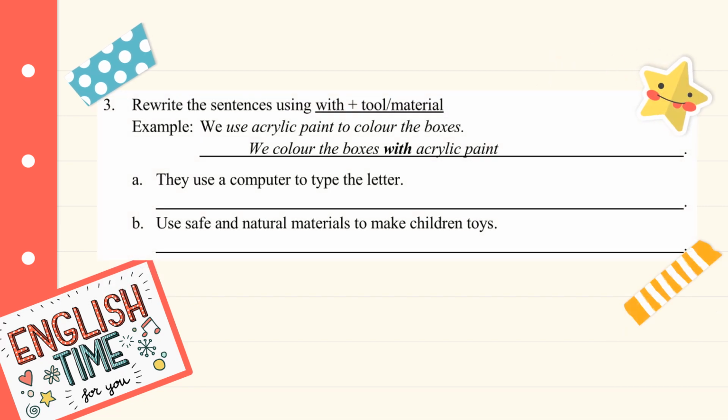Right, now number 3. Your job here is to rewrite the sentences using with plus the tool or the material. Look at the example. We use acrylic paint to color the boxes. You rewrite the sentence using with. So the sentence becomes we color the boxes with acrylic paint. How do you do it?